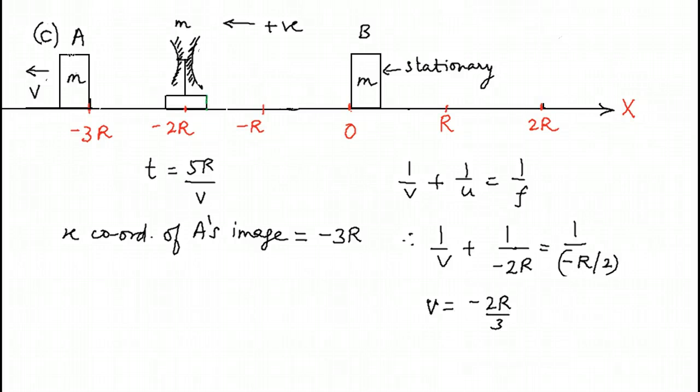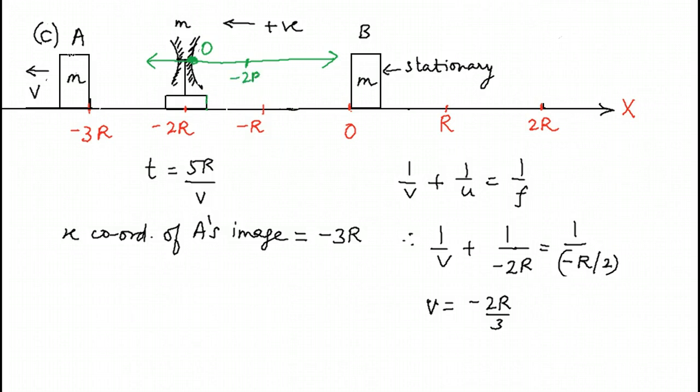But remember, this v is the coordinate of the image of P with respect to the pole of the mirror. So in other words, this point. So what it means is, if I treat this point as the origin and I draw a number line passing through the pole, then of course the image location is at minus 2r divided by 3 over here.